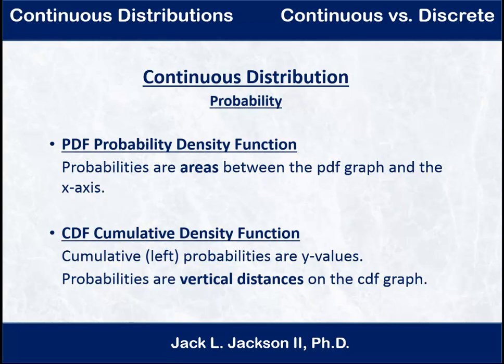The cumulative density function, CDF, gave us a continuous curve on or above the x-axis, basically increasing from 0 to 1, and that gave us cumulative probabilities to the left, which were actually y values on that. And we saw that we could take different kinds of probabilities and illustrate those all as vertical distances on the CDF graph.